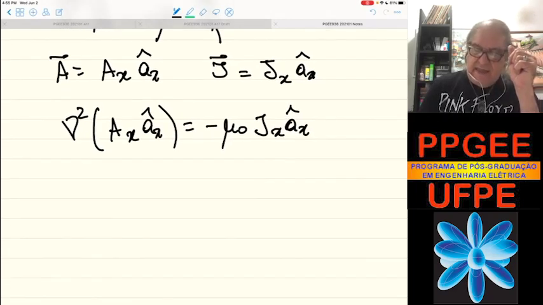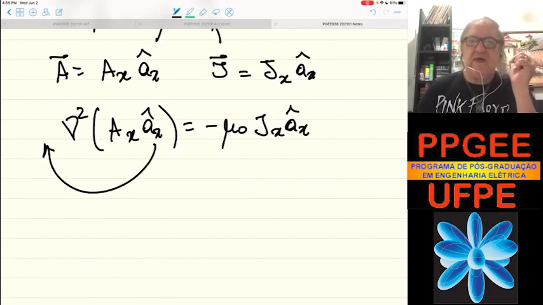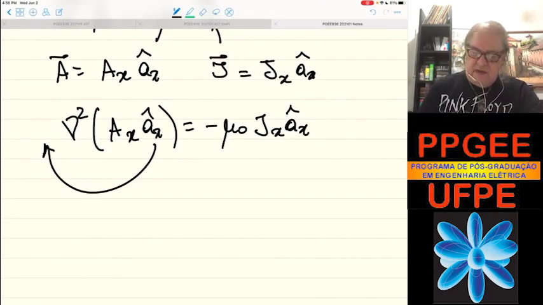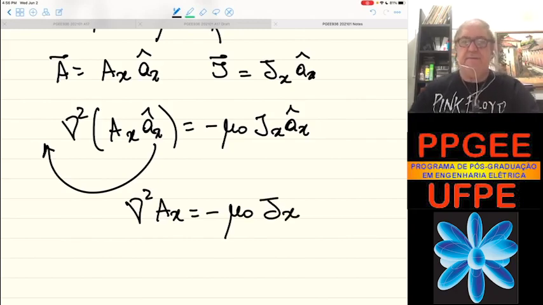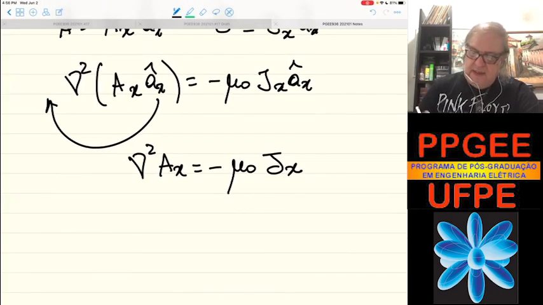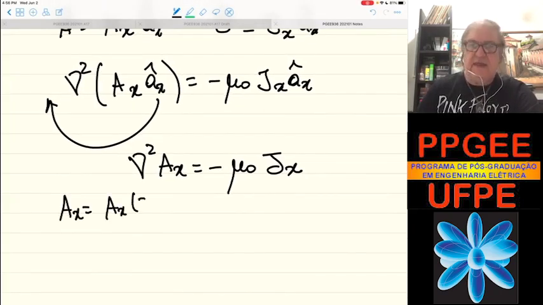In this case, the Laplacian of a vector is simple because the versor is constant, so you're going to have a scalar equation: Laplacian of Ax equals minus mu 0 Jx. So Ax is a function of z.